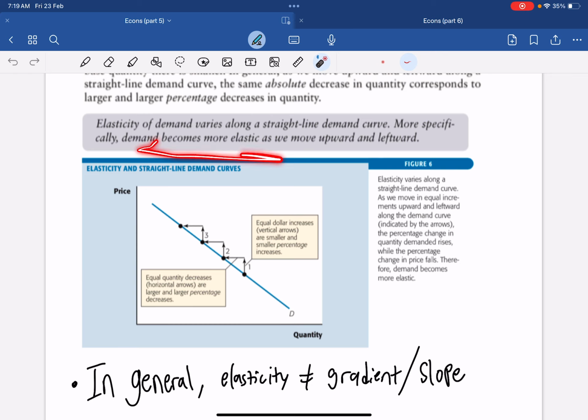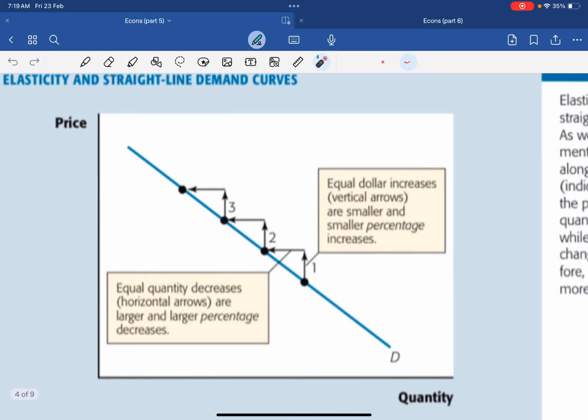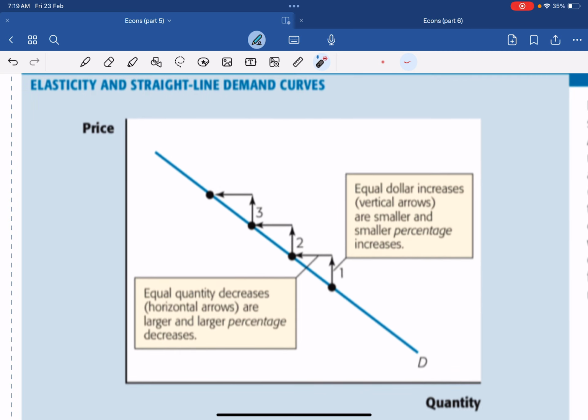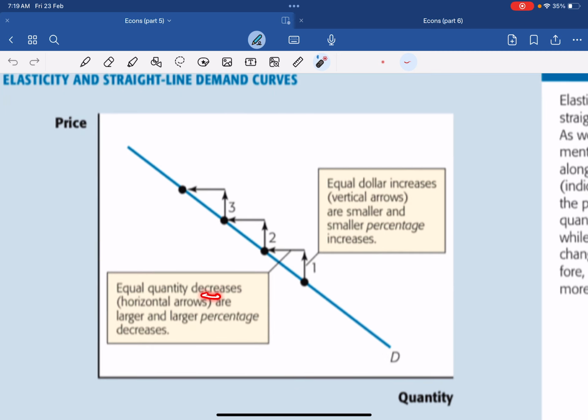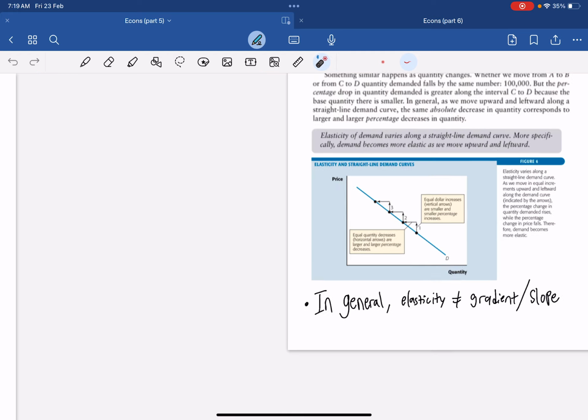The demand becomes more elastic as we move up and leftwards. For every dollar increase, the percentage change gets smaller and smaller. And for each quantity decrease, the percentage decrease gets larger and larger.